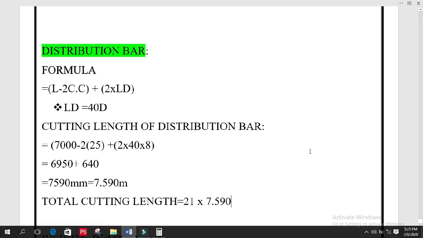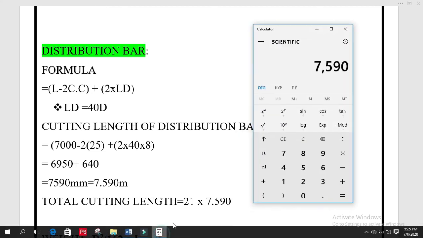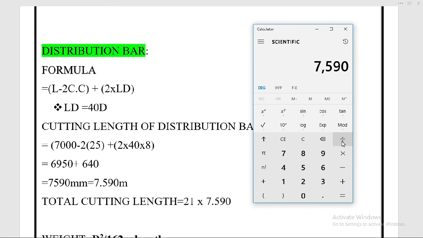Let me calculate it on the calculator now. Divide it by 1000, 7.59, then multiply it with the total number of distribution bars, 21. So in total we require 159.39 meter for all the distribution bars. So let me take it as 160 meter.